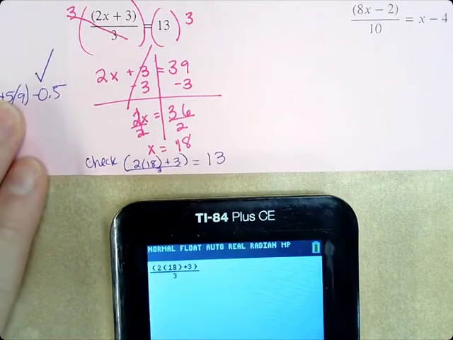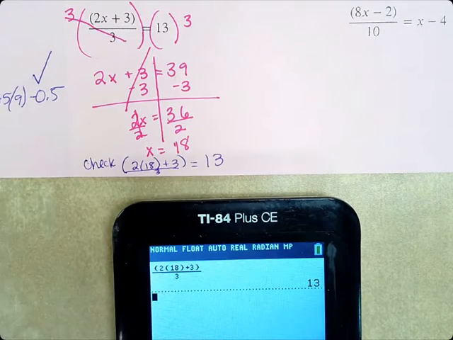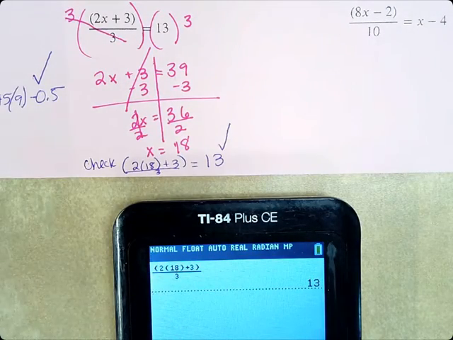Since it's just getting equals 18, I'm just going to put the left side in. I didn't put equals 13, I just let it solve it, and it came out to 13.